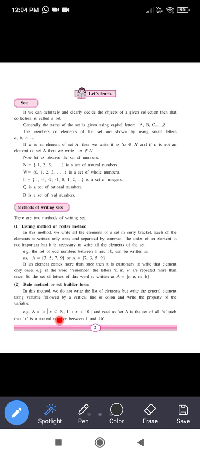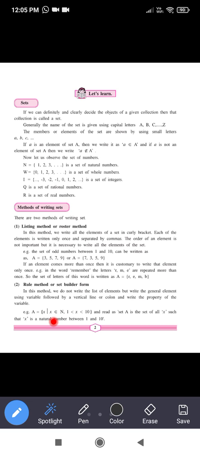How will you read it? Set A is the set of. How will you read A? Set A. The equal sign is read as "is", and when the curly bracket starts you say "set of". Now x is there, so set A is the set of all x. The vertical line is read as "such that". Epsilon denotes element of.